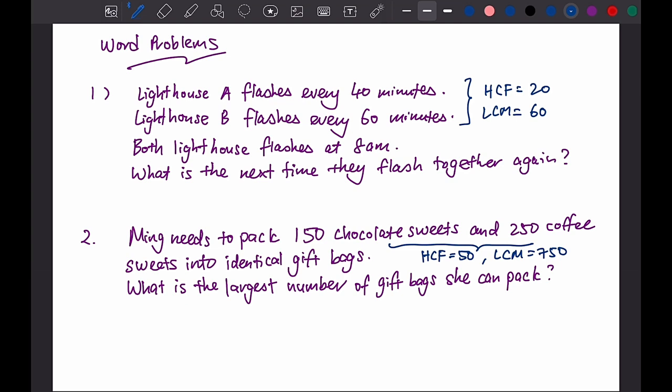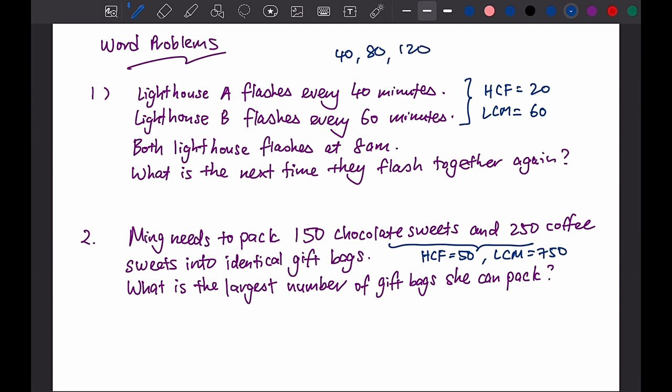Now in general, looking at question 1, one flashes every 40 minutes and the other flashes every 60 minutes, there's a certain repetitiveness to it. There's a repetition, alright? Then you realize that, for example, every 40 minutes is basically 40, 80, 120.